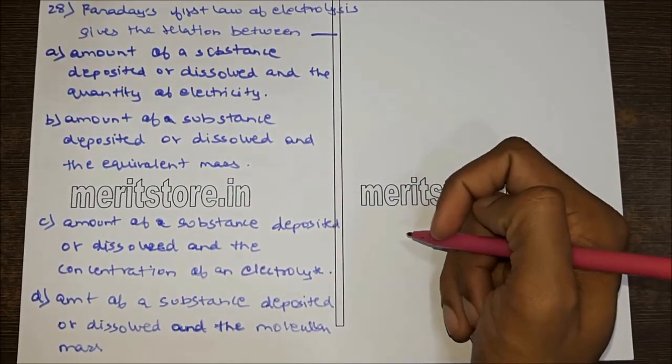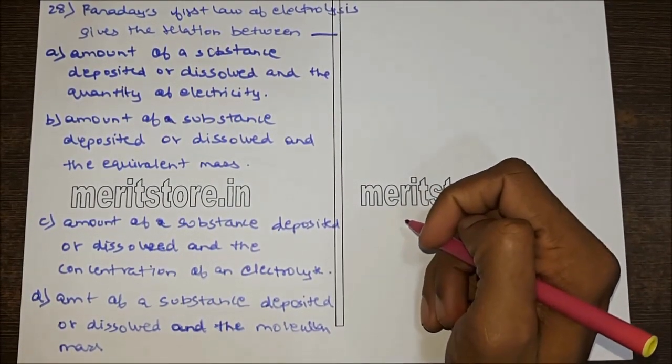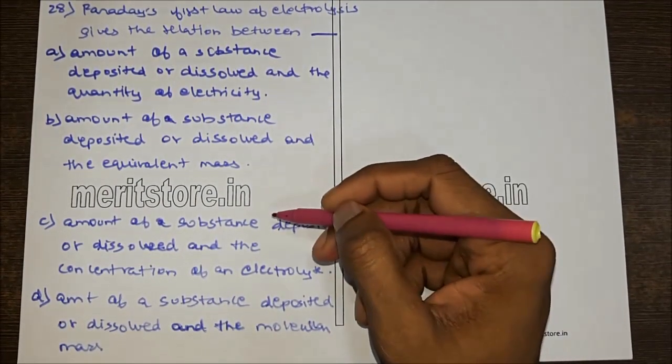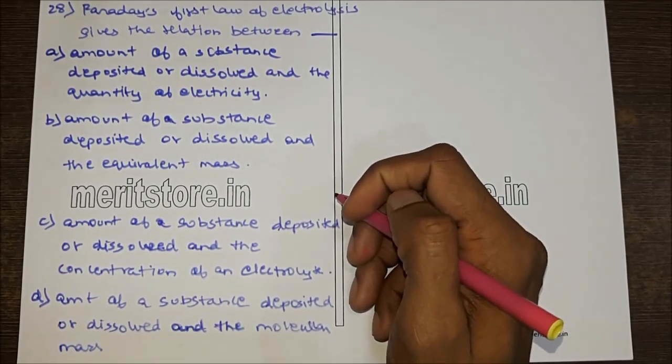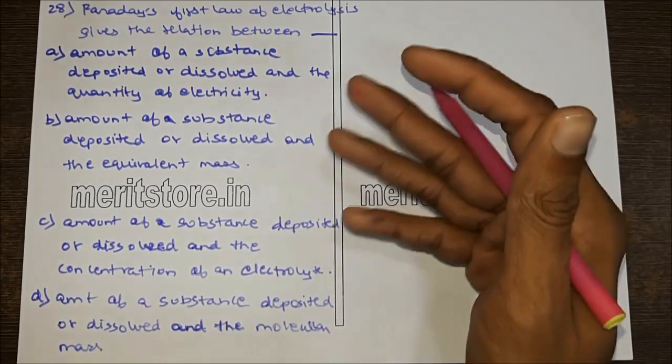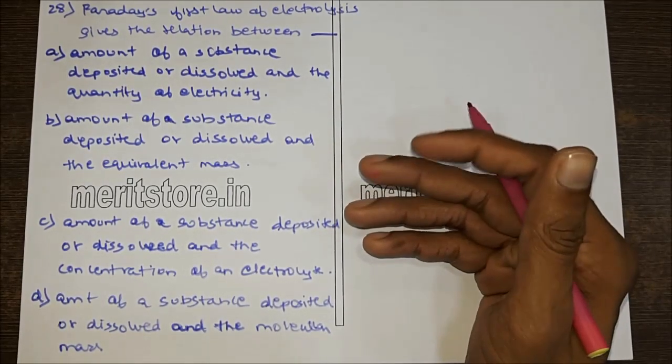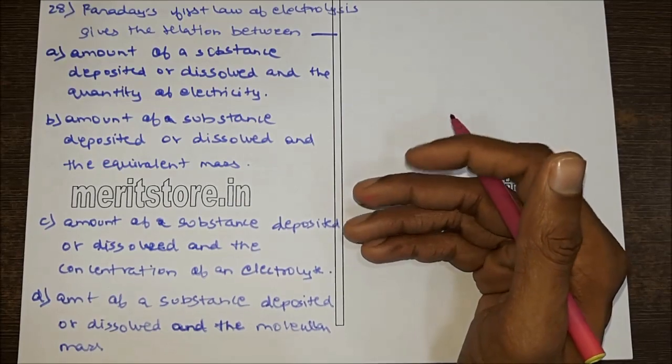Question 28. Faraday's first law of electrolysis gives us the relation between, we are given four options over here. Faraday's first law of electrolysis gives us the relation between the amount of substance deposited or dissolved and the quantity of electricity.